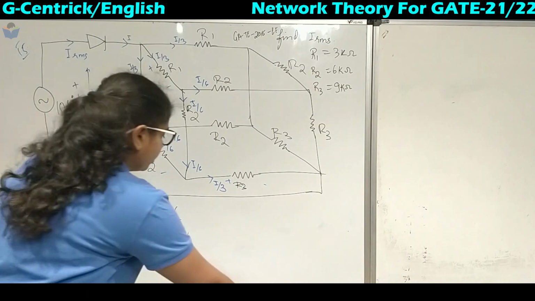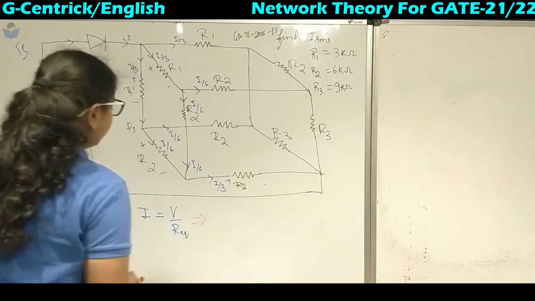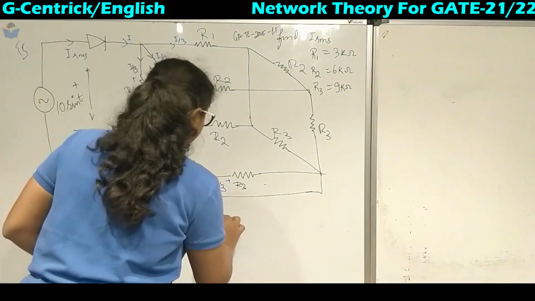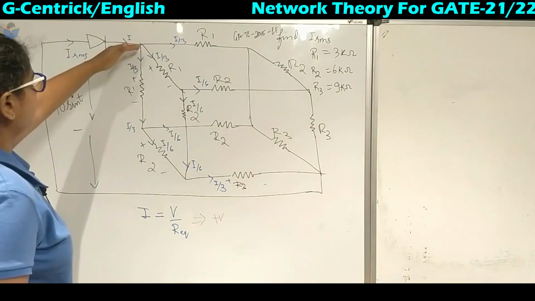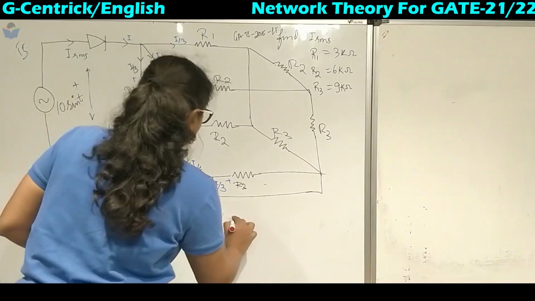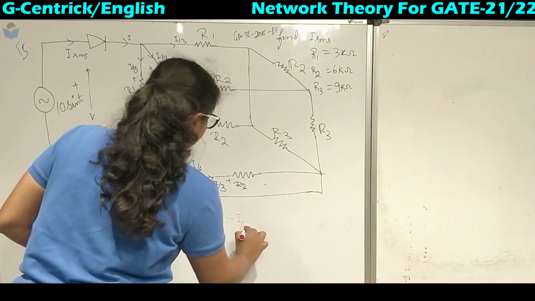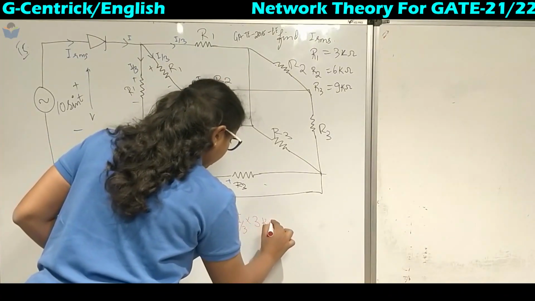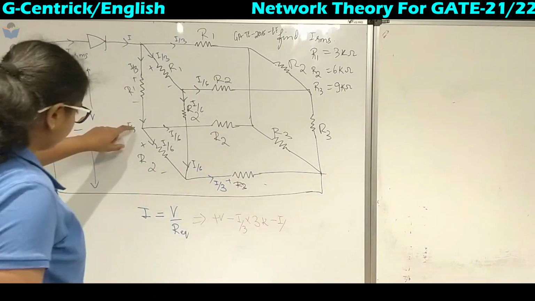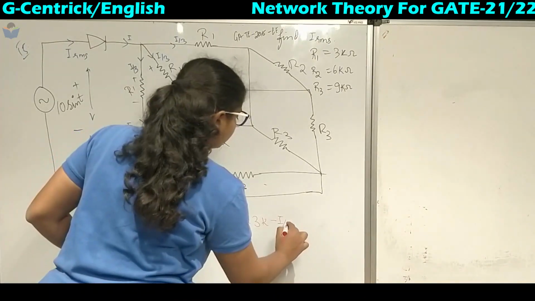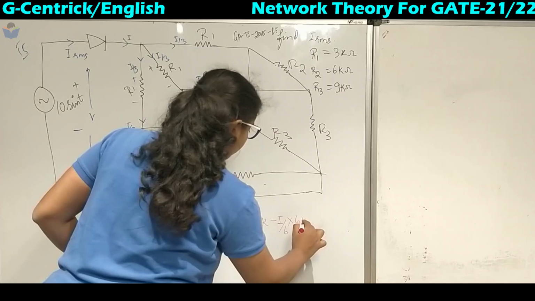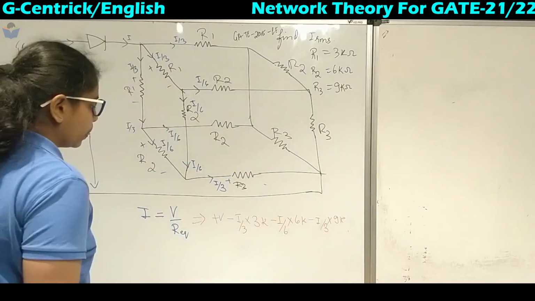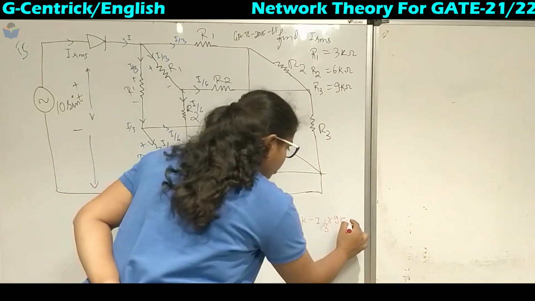Applying KVL, from here to here it is plus V. Coming forward we have minus I by 3 into the value of resistor R1, 3 kilo ohm, so 3K. Then again we have I by 6 into 6 kilo ohm. Then minus I by 3 into 9 kilo ohms. This will be equal to 0.